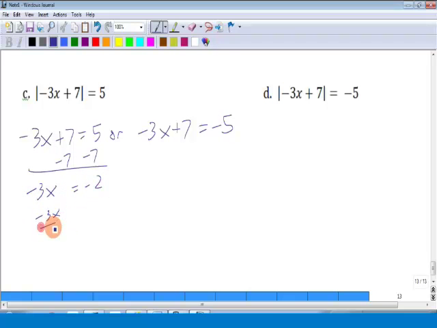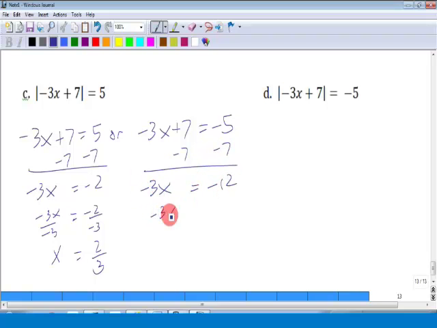On the one hand, it looks like x could be 2/3. That's a possibility. What is the other possibility? Is it 4?